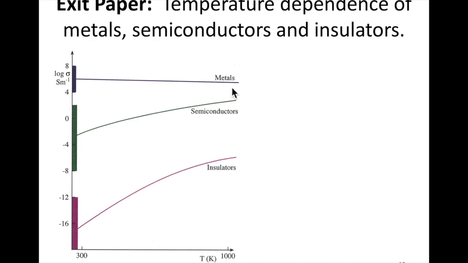So now let's go to metals. When we look at this curve, it looks flat, horizontal, right? If we think back to the concentration for semiconductors and insulators, we have to cross the band gap, and that is a thermally activated process. In metals, we have free electrons.